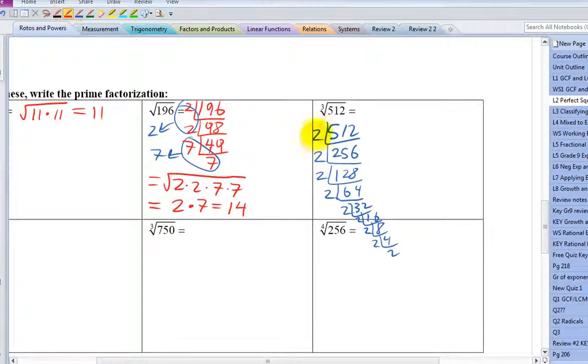So why did I circle 3 of them? Good, the index is 3. We're looking for triples. Awesome. Take out a 2. Take out a 2. Take out a 2.